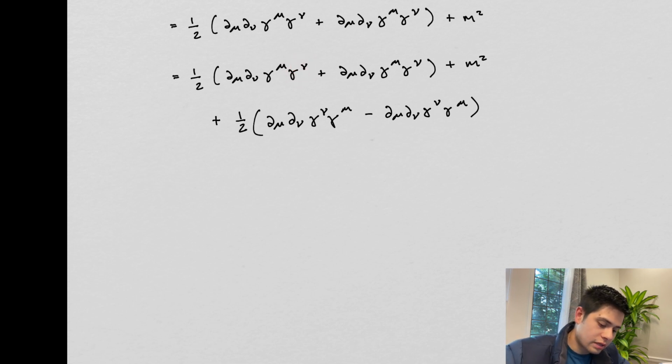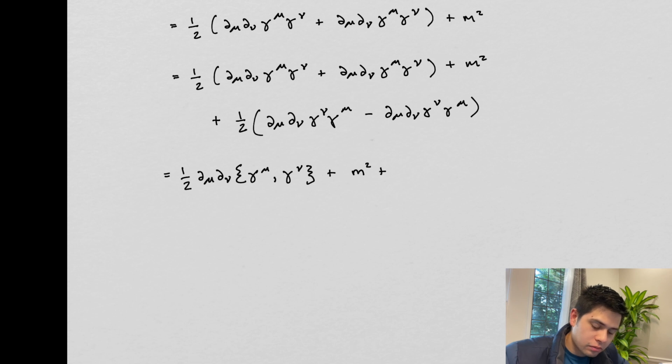So what this ends up being is 1/2 d_mu d_nu (gamma^mu gamma^nu minus gamma^nu gamma^mu) plus m squared plus 1/2 d_mu d_nu (gamma^mu gamma^nu plus gamma^nu gamma^mu).